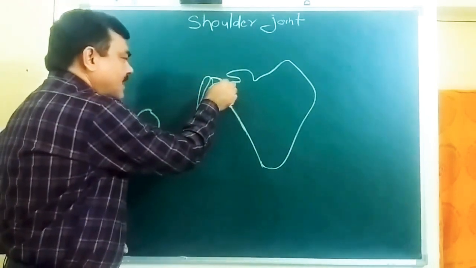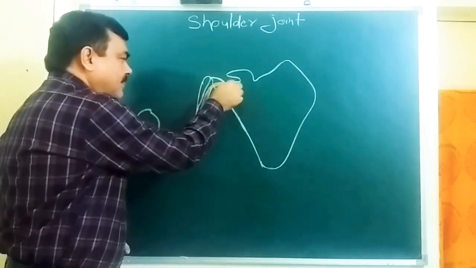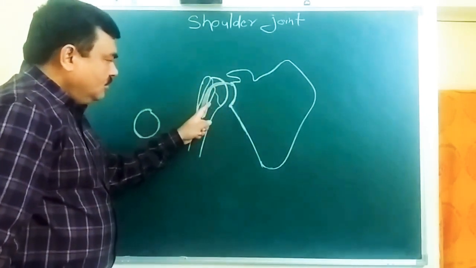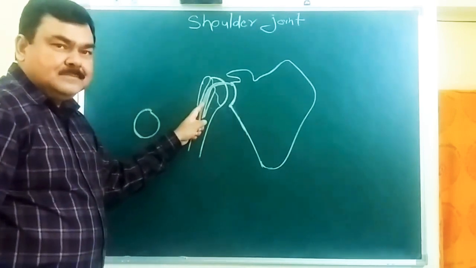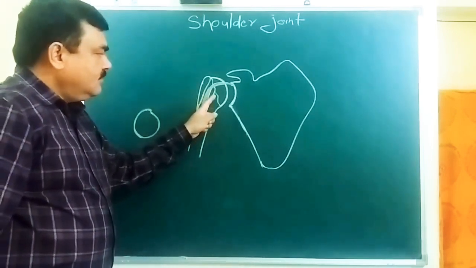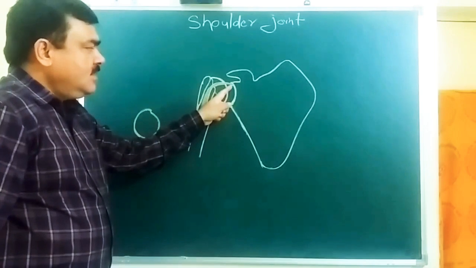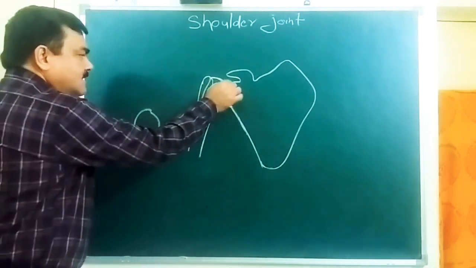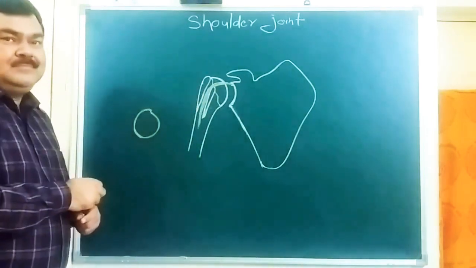This long head of biceps brachii passes through the bicipital groove. So this is the long head of biceps which is attached to the supraglenoid tubercle.